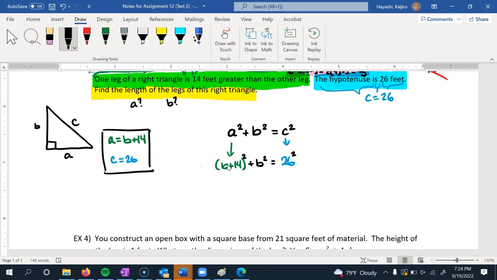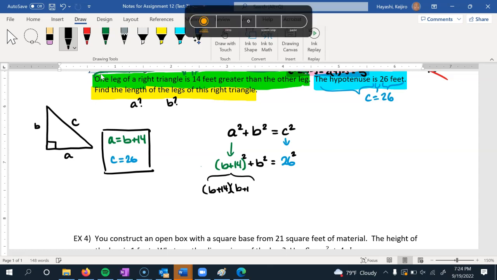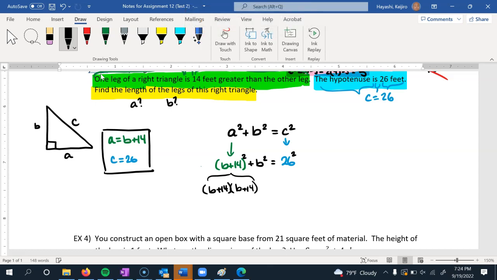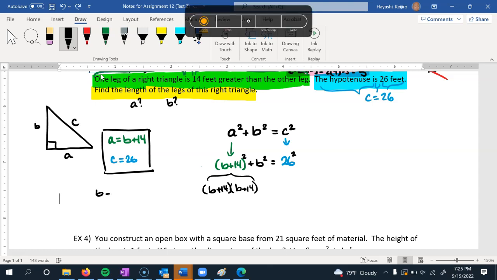So we're going to take b plus 14, and we are going to square it. This is b plus 14 times b plus 14. That's what it means to square something. You can either FOIL or use that sort of box deal.